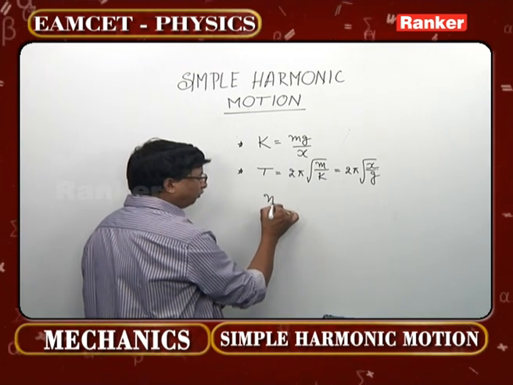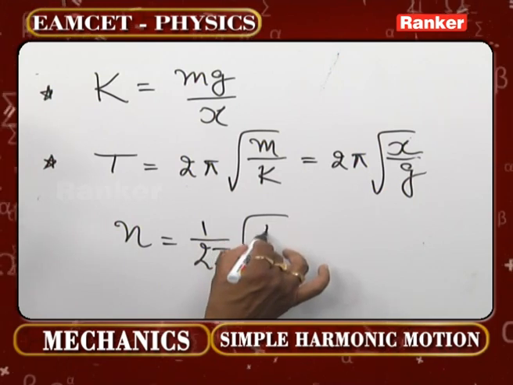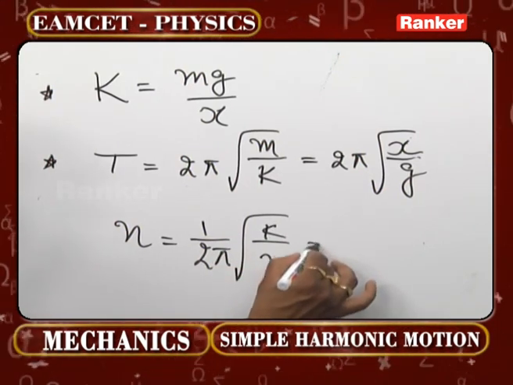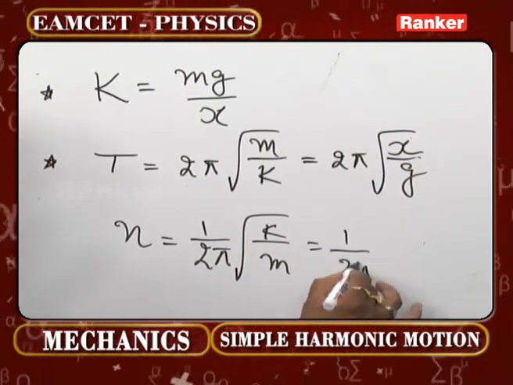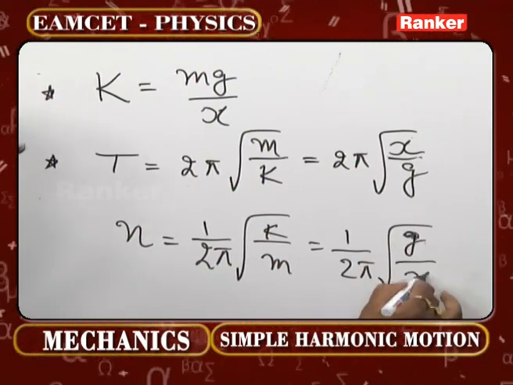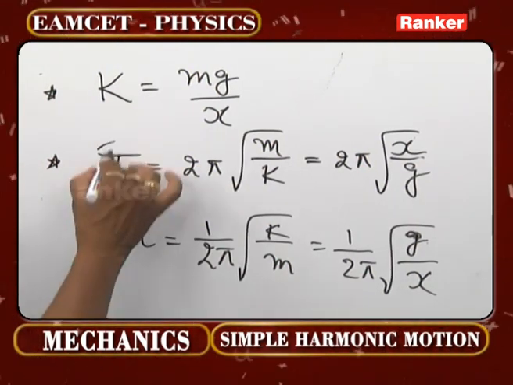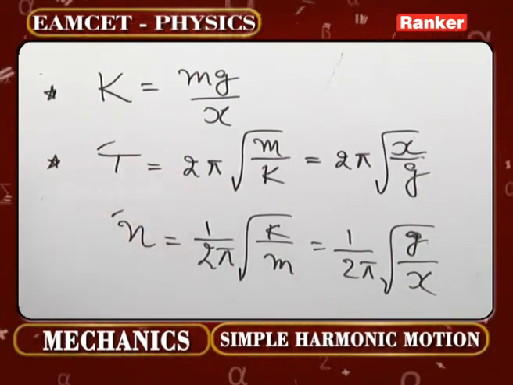Exactly like that, what is its linear frequency? It is either 1 by 2π under root k by m, or you can even write the same as 1 by 2π under root g by x. So you have to remember these equations, one for time period and one for frequency of a loaded spring.